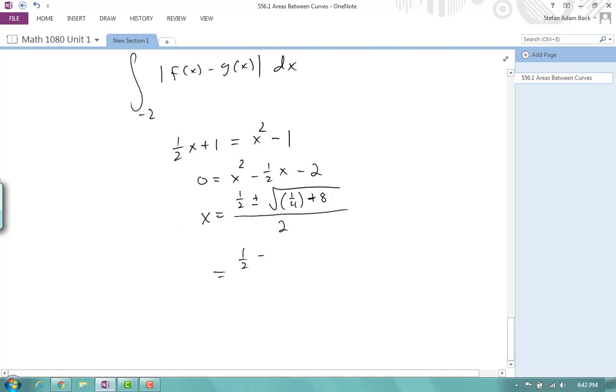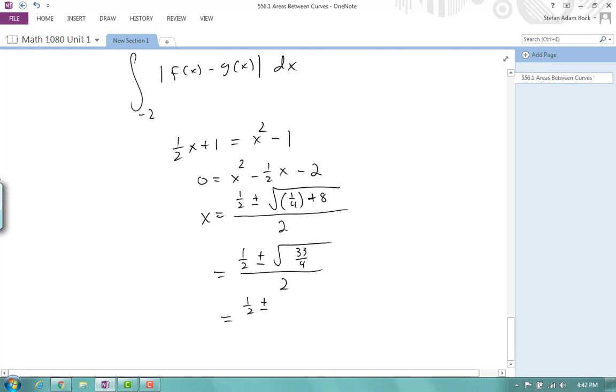So I have 1/2 plus or minus the square root of 1/4 plus 8. Let's see, 8 would be the same thing as 32 divided by 4, so this is 33 divided by 4, which is just absolutely awful.